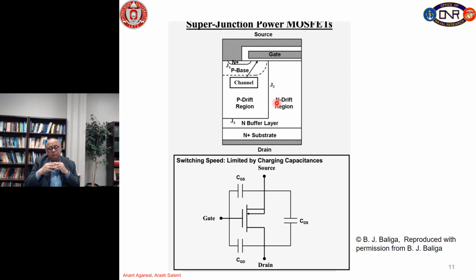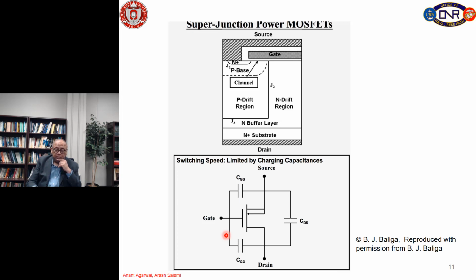The other thing that we worry about is various capacitances. The most important capacitance we worried about is the gate drain capacitance, because that determines the switching speed of this device.